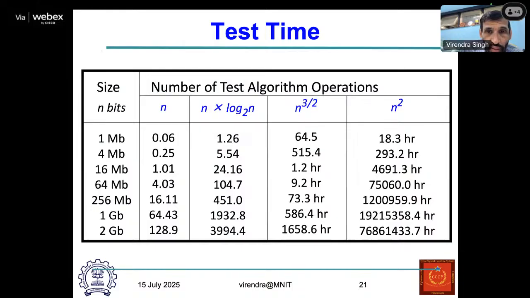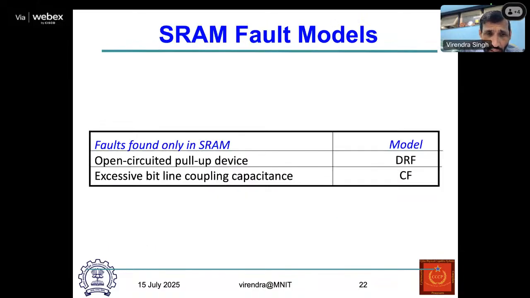Now in systems I can have SRAM, static random access memory, or DRAM, dynamic random access memory. Static random access memory we use for caches in the processor: L1 cache, L2 cache, L3 cache.